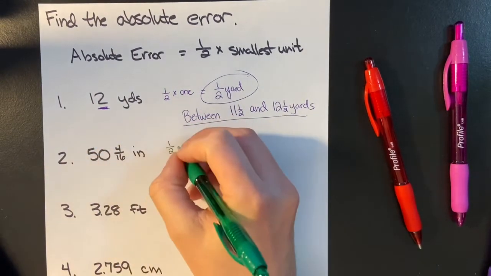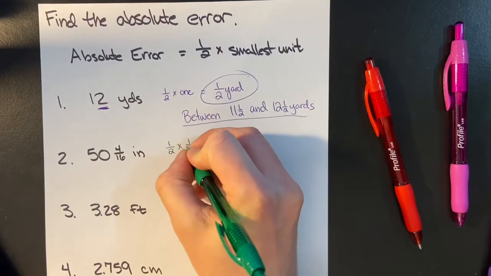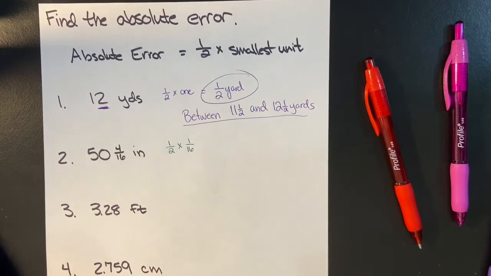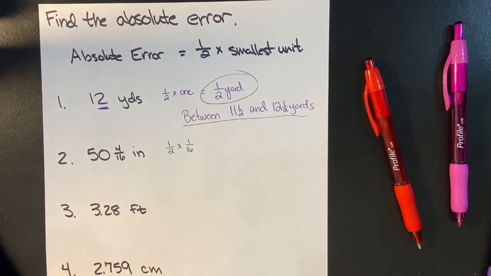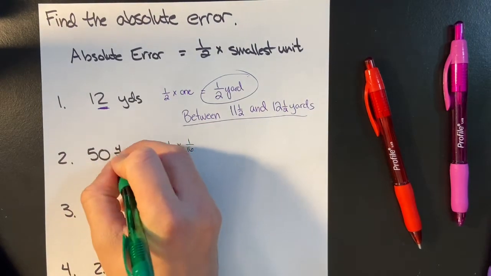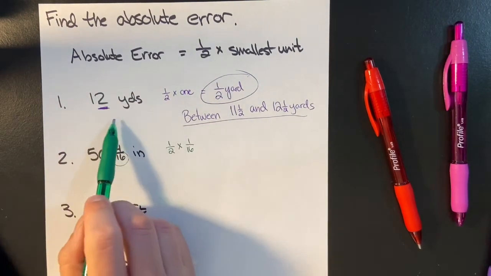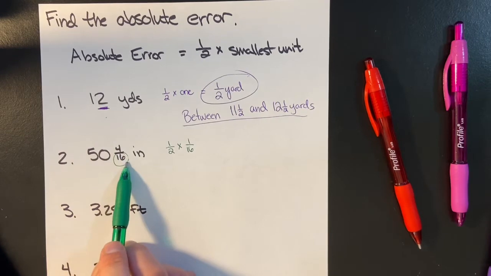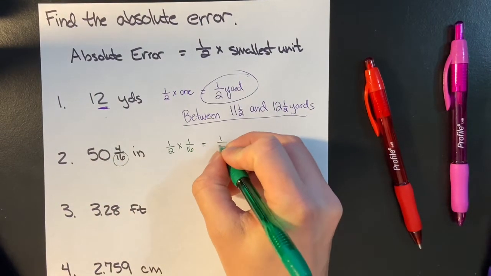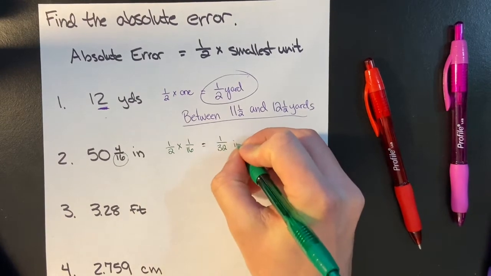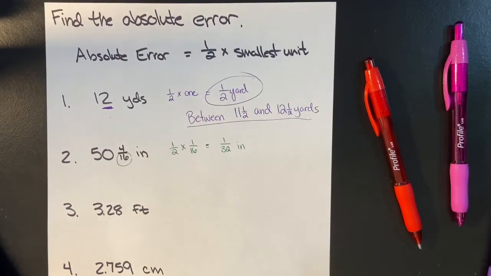So 1/2 times 1/16 is my smallest unit. If it was simplified to 1/4, then I would do 1/2 times 1/4. But my smallest is a 16th. See up here how I said my smallest was a 1? My smallest is a 16th. Half of a 16th is 1/32 inches, and that's my absolute error.